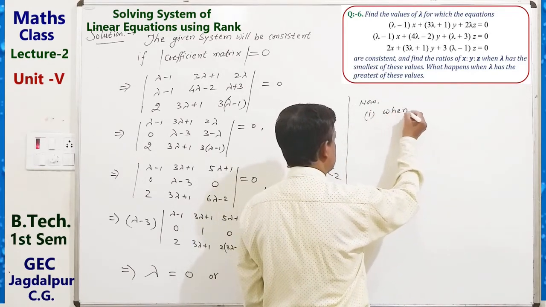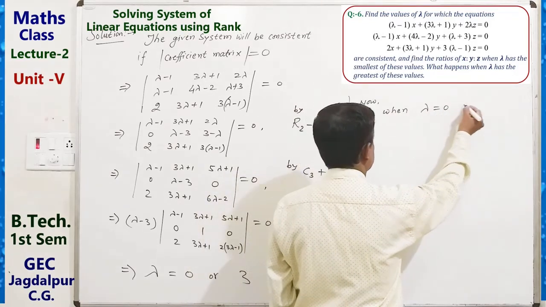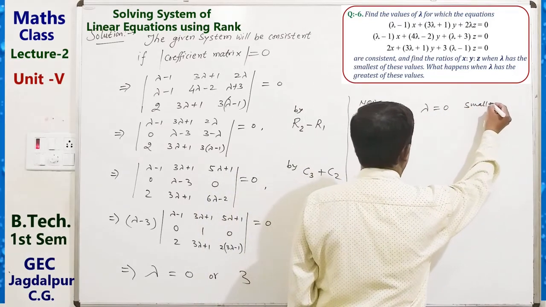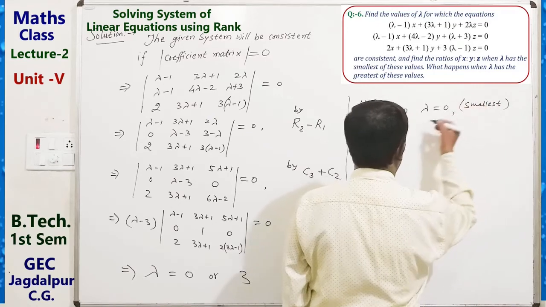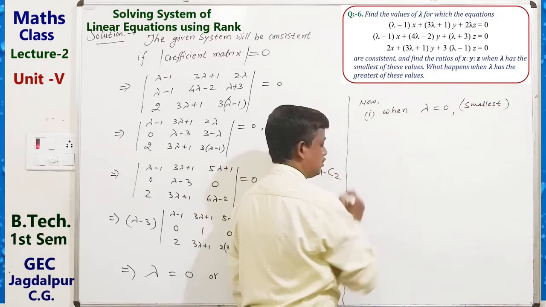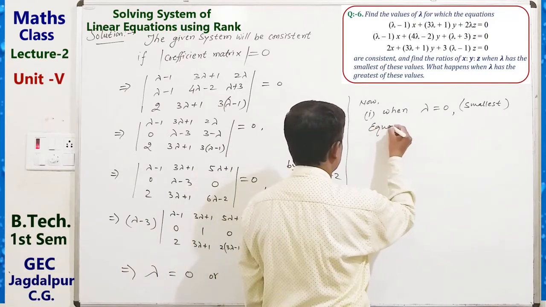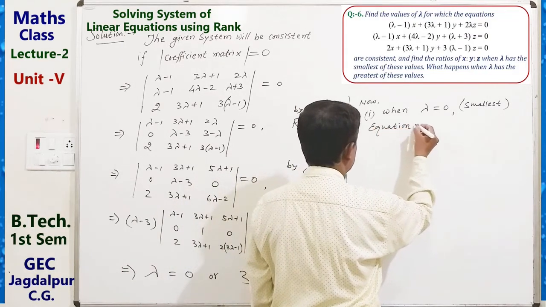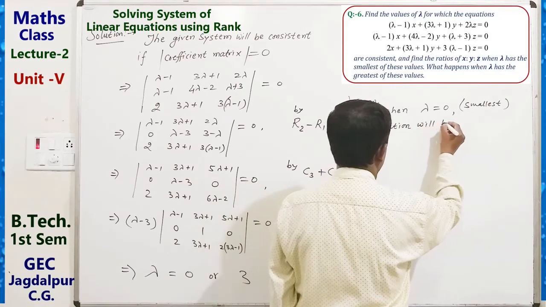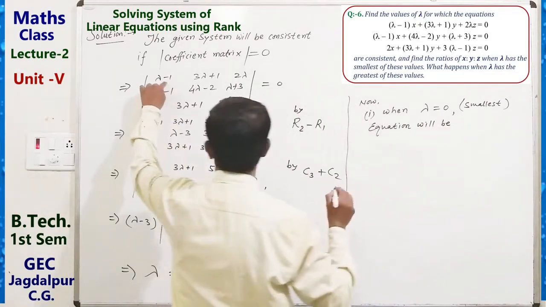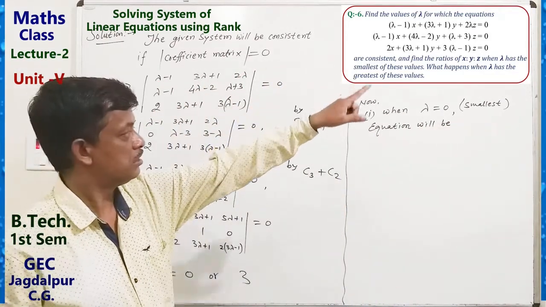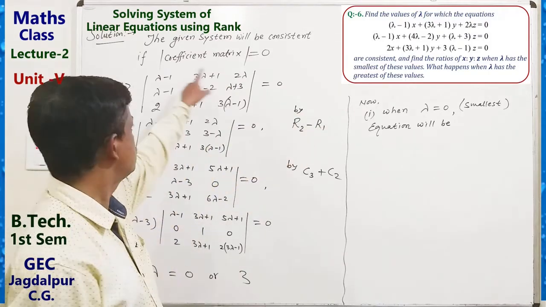when lambda equals 0, the equation will be lambda equals 0. Just in the given equation, take lambda equals 0.